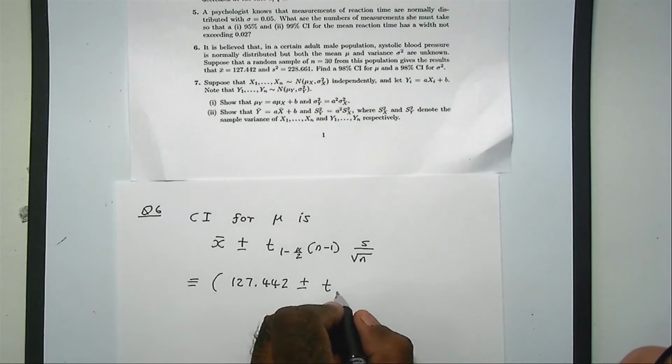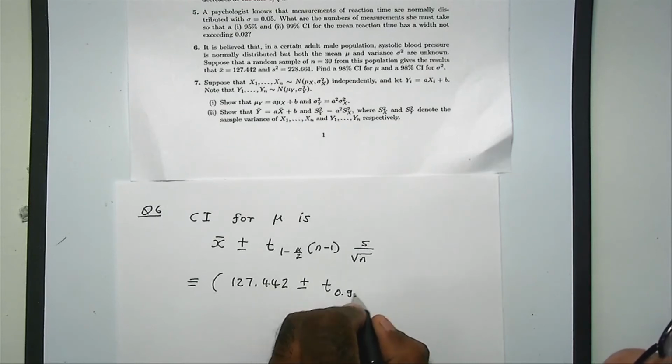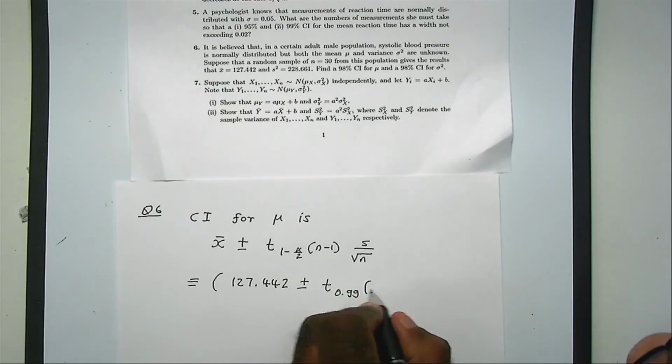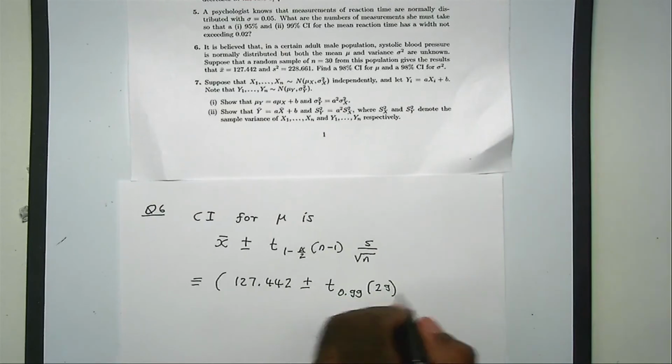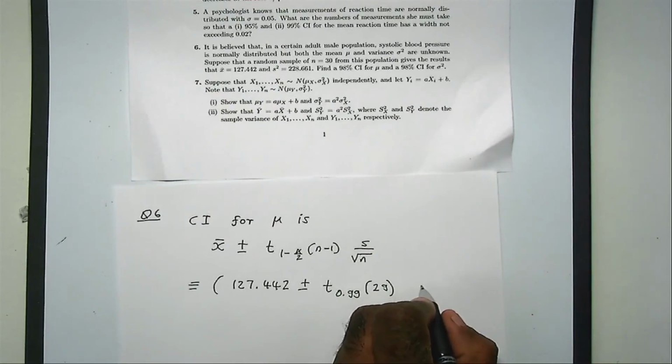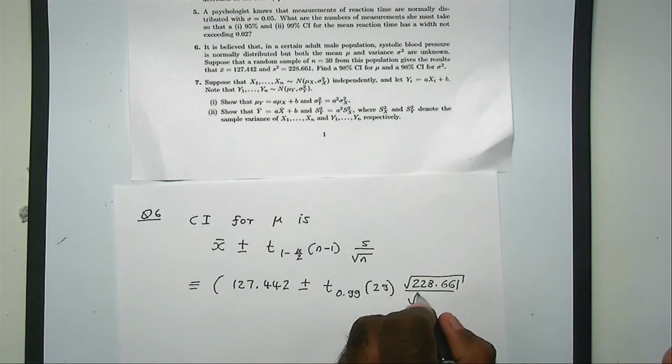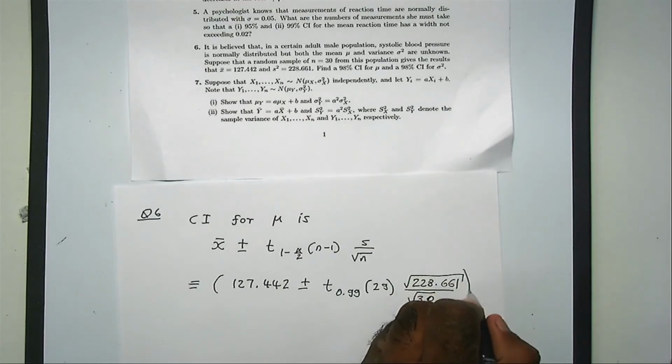So this will be 0.99, with n is 30, so this is 29. Okay, and s is the square root of 228.661, divided by the square root of 30.